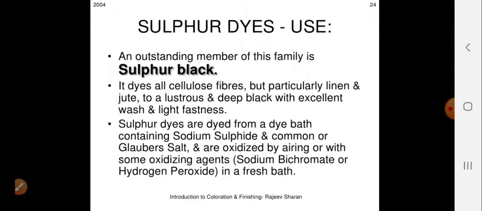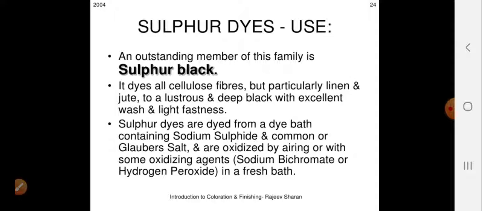An outstanding member of this group of dyes is sulfur black dye. It dyes all cellulose fibers, but particularly linen and jute, to a lustrous and deep black with excellent wash and light fastness. So the most important type is sulfur black, which is used for dyeing fabrics or substrates into a lustrous and deep black color.